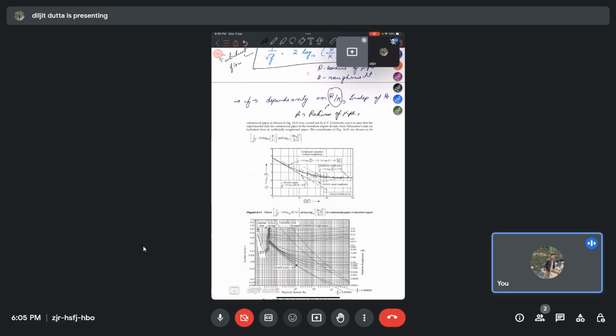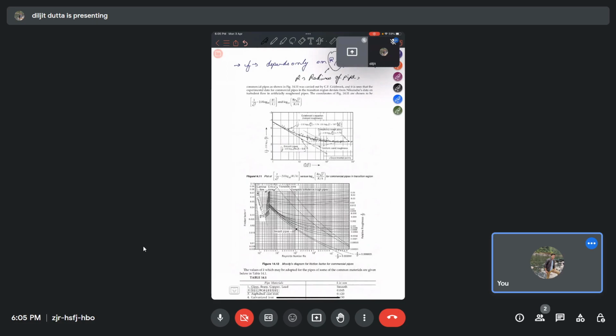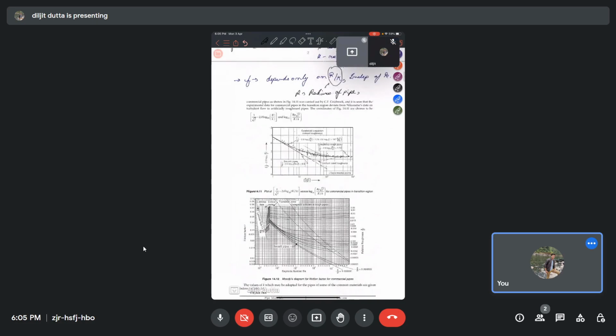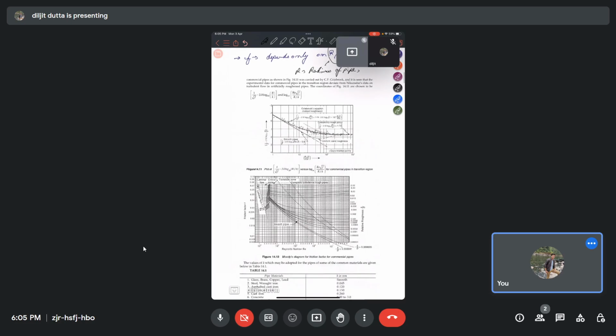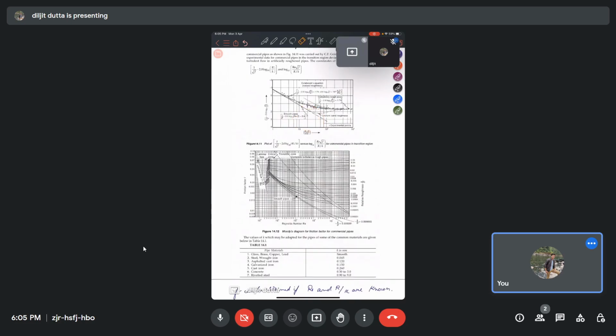Now in a Moody's diagram, we plot the friction factor f on the y-axis and the Reynolds number Re on the x-axis.